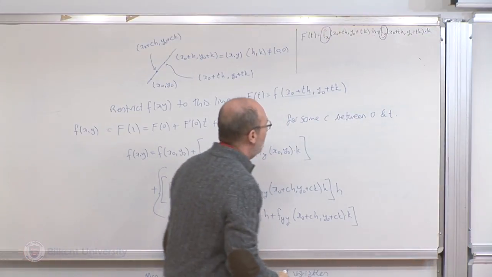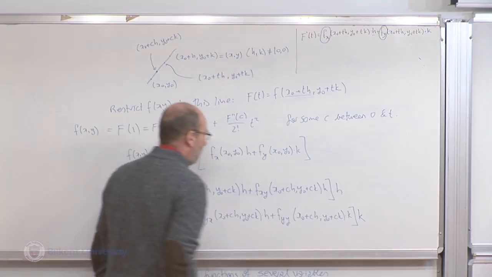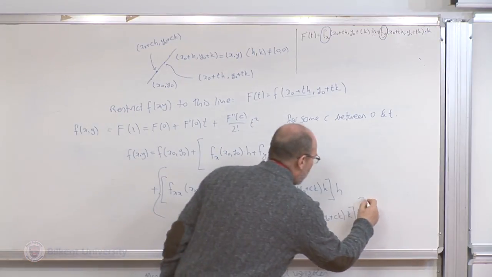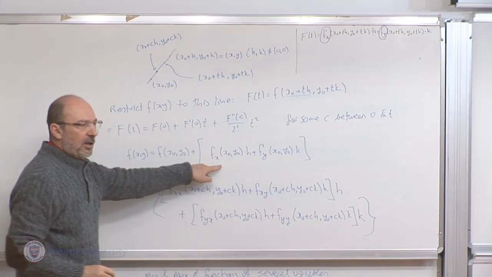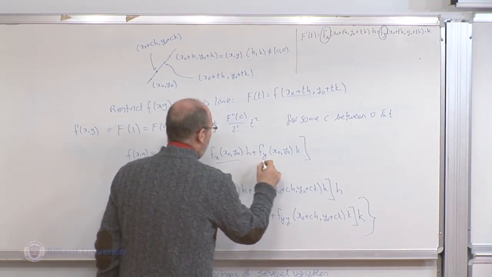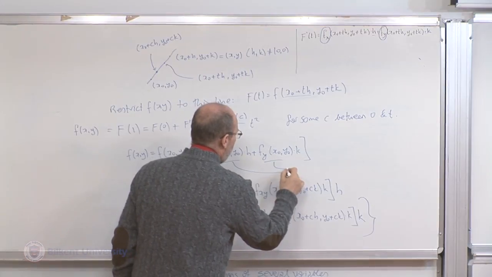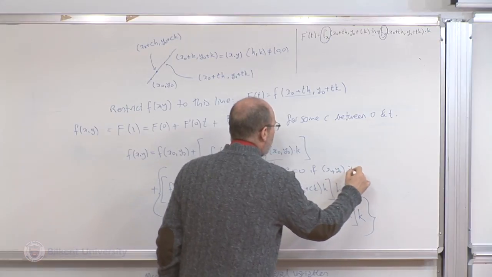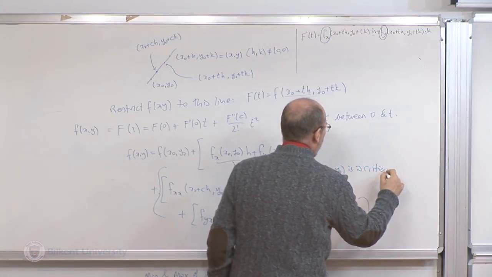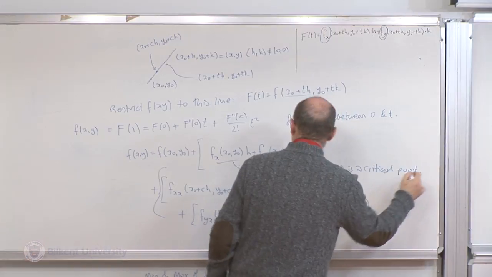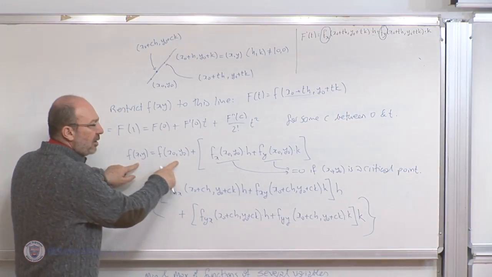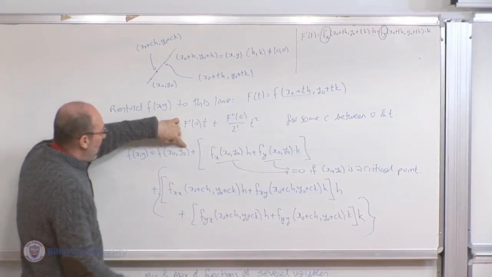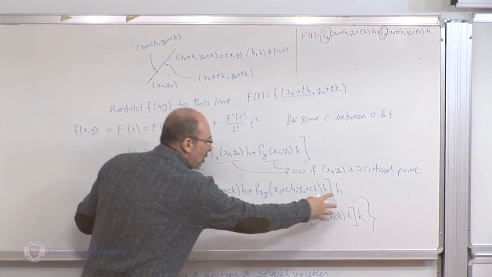So this thing is equal precisely to this thing. If it's a critical point, these are 0. So these are equal to 0 if x sub 0, y sub 0 is a critical point. So this minus this will tell me whether this is a minimum or maximum. The sign of this will depend on the sign of this.